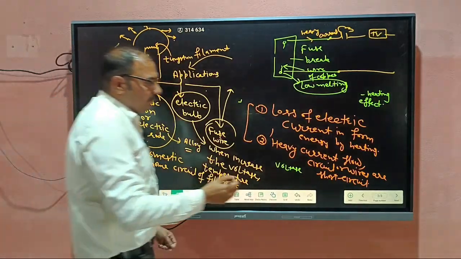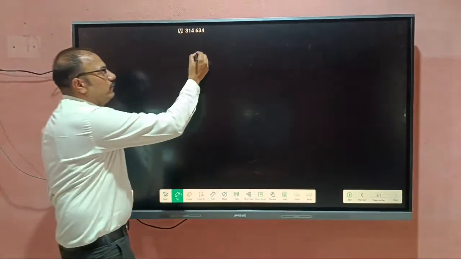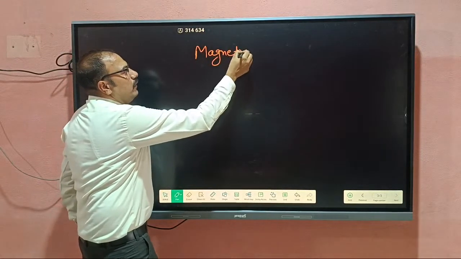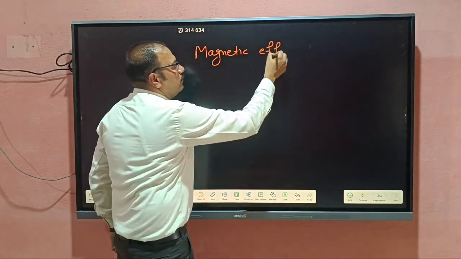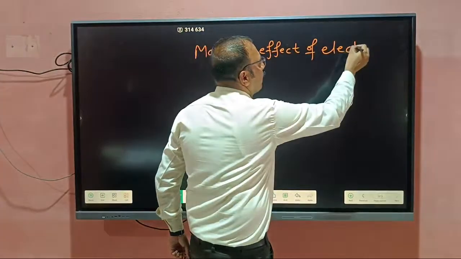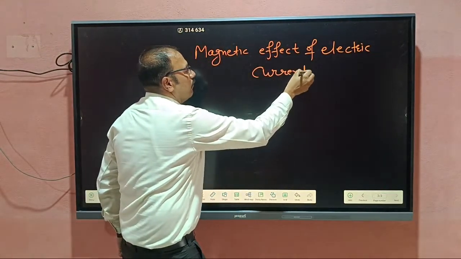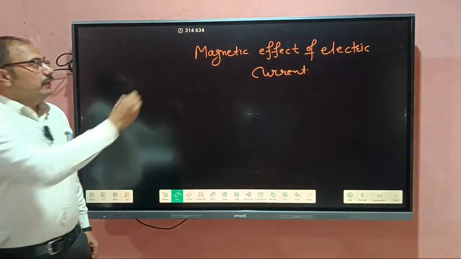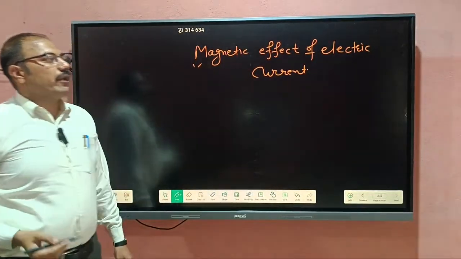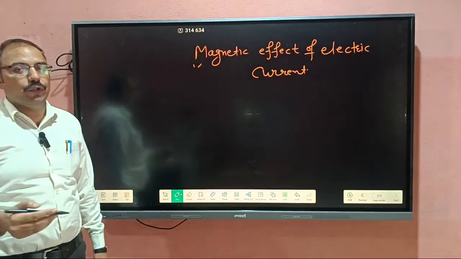So next we read about the magnetic effect of an electric current. This application is also important. So what is the magnetic effect of electric current? When we pass electric current into a wire, it produces a magnetic field.